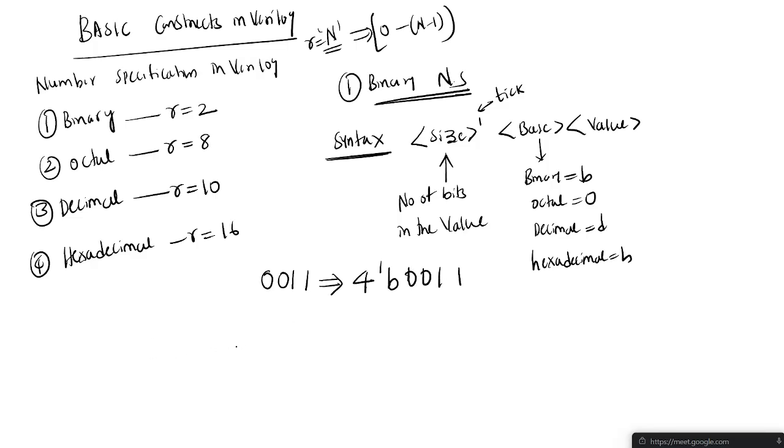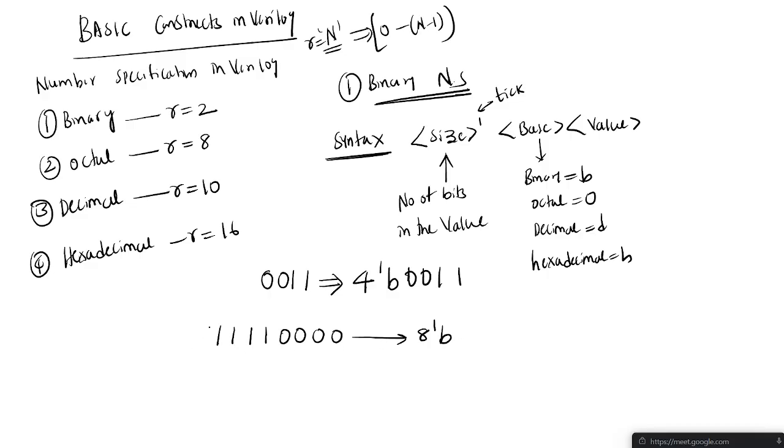Okay. Suppose 1111 and 0000 is there. How to represent this? This is size 8, 8 tick, B for binary.